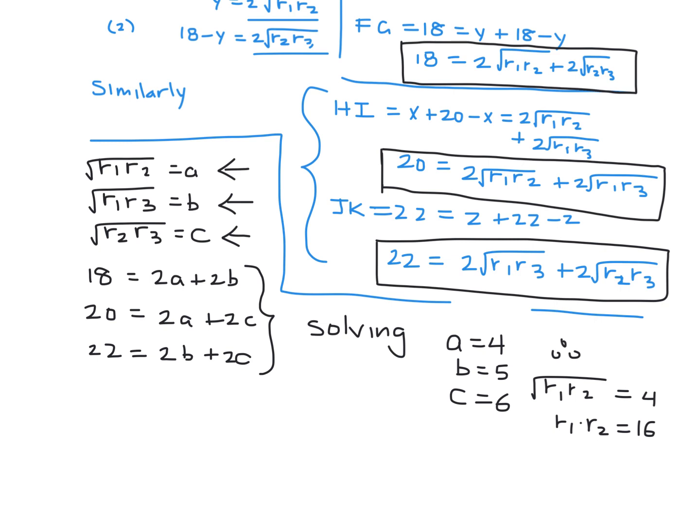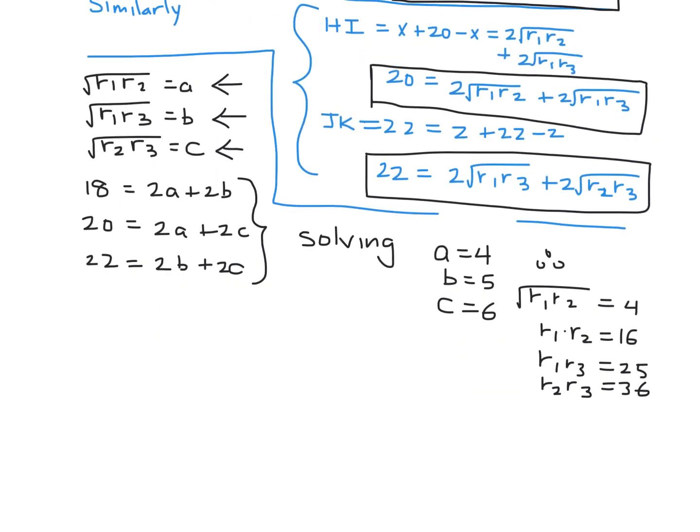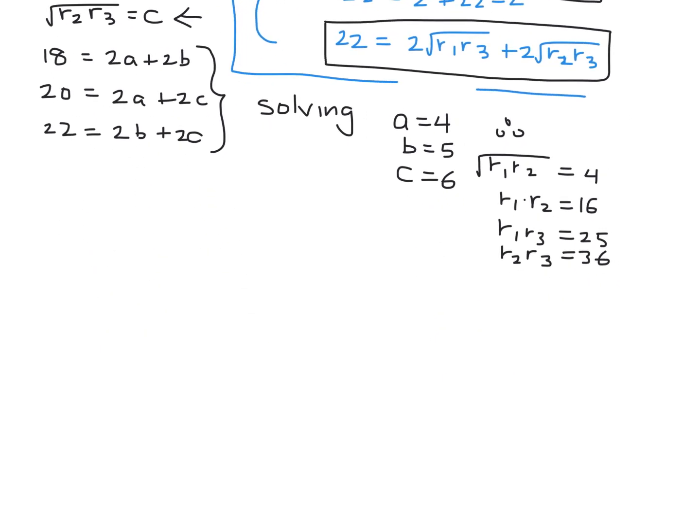And then similarly, r1 times r3 is equal to 25, and r2 times r3 is equal to 36. Okay, so we're getting somewhere. And then to solve, we will take those three guys and multiply them together. And when you do, you get r1 times r2 times r1 times r3 times r2 times r3 is equal to 16 times 25 times 36.